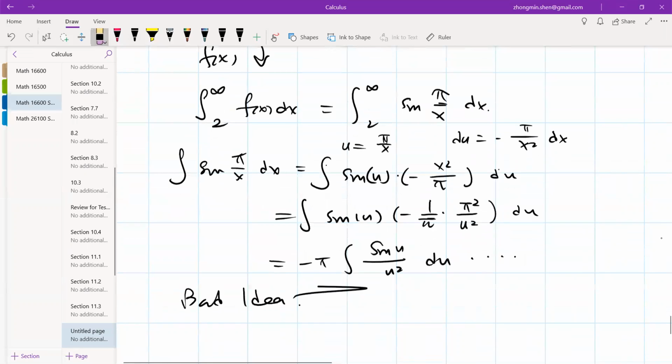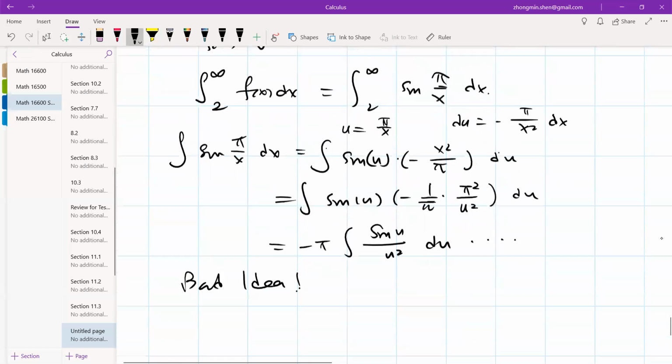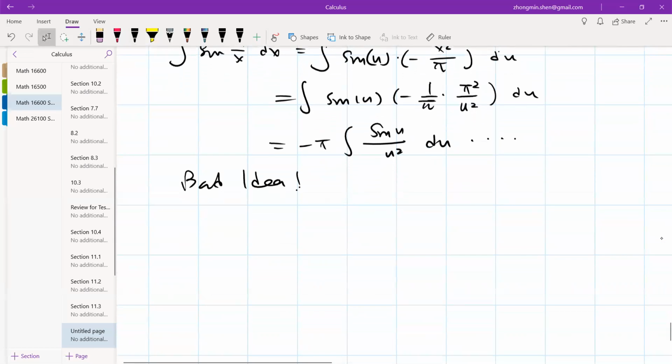So we see more options does not mean better. Okay? But you have to find the right tool from the toolbox to fix the problem. So when I look at this n, sine pi over n, I know it's almost, because sine x is almost equal to x for x small.